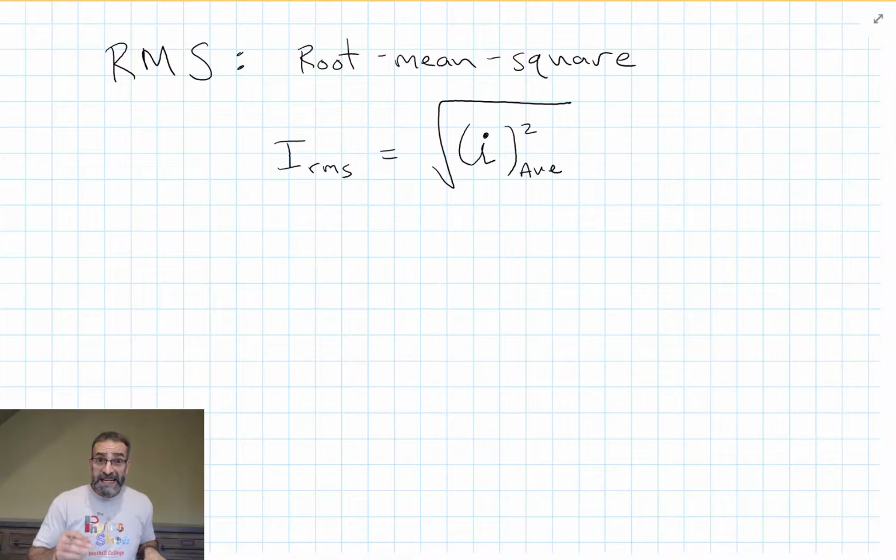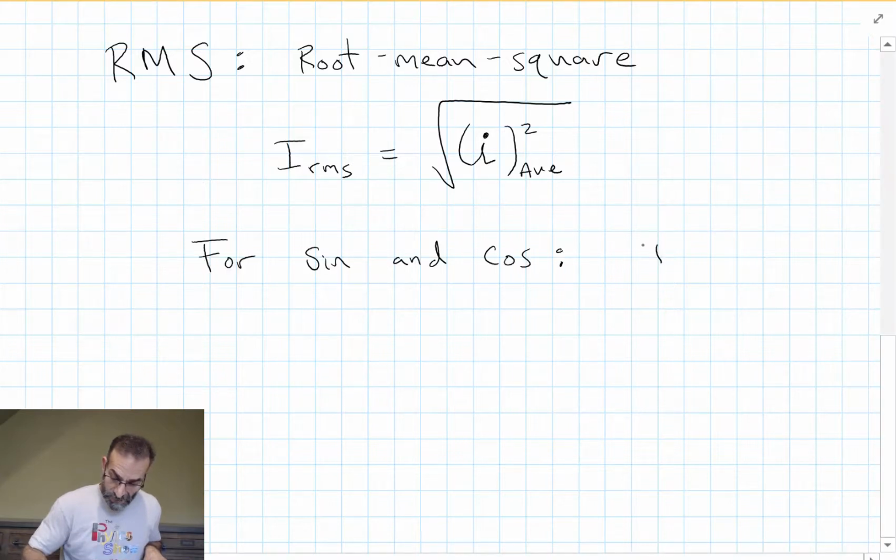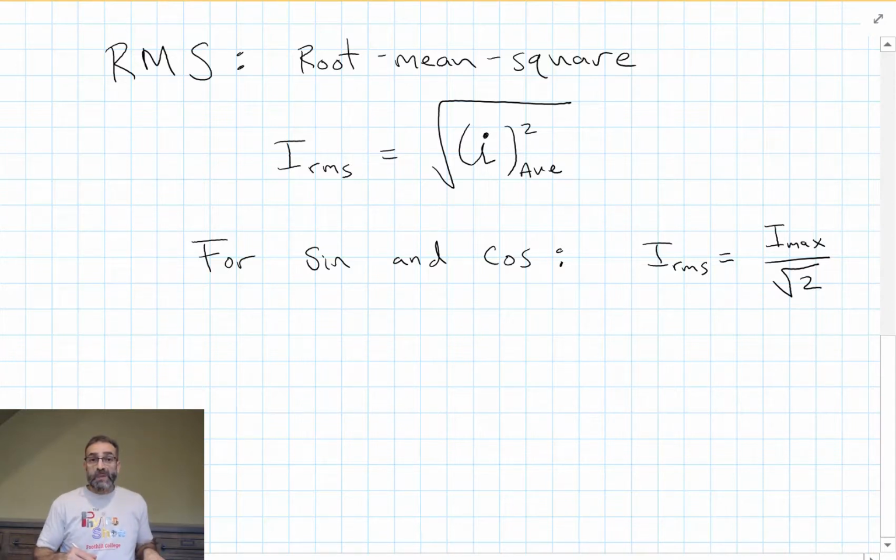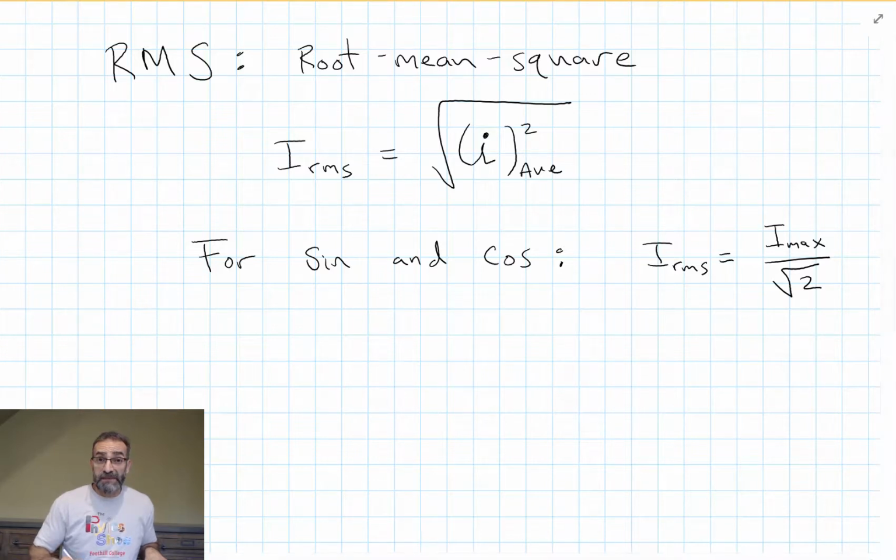Now, for sine and cosine waves, we know what this value has to be. It's 1 over the square root of 2 times the maximum value. So that's true for the current.